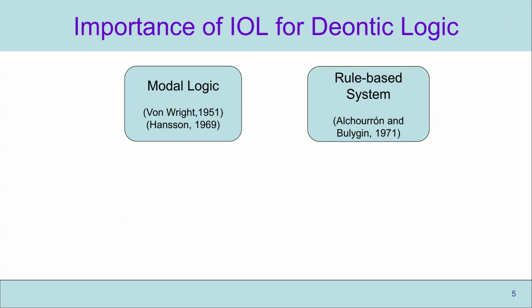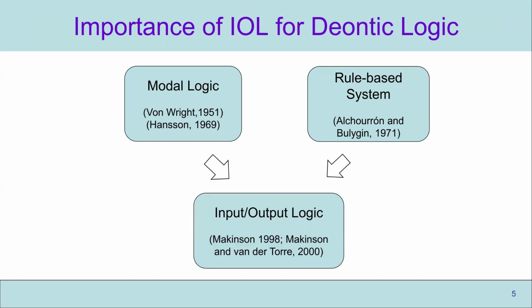So there was modal logic, there was rule-based systems, and the idea that David put forward at the end of the 90s is, okay, we have these two traditions and we need to bring them together. It's too confusing to have these two, the modal approach and the rule-based approach and the norm-based approach. And that led him, so he had this kind of manifesto in 98. My PhD was in 97, so I started to work with him.